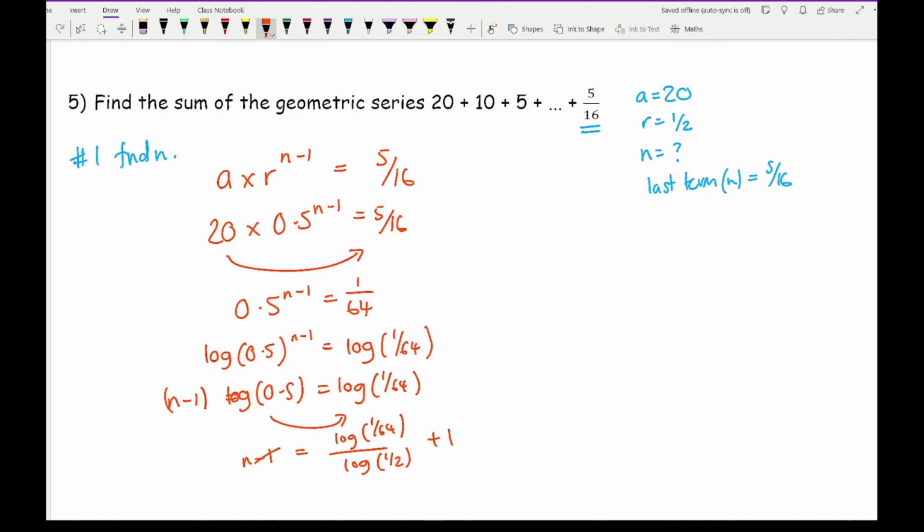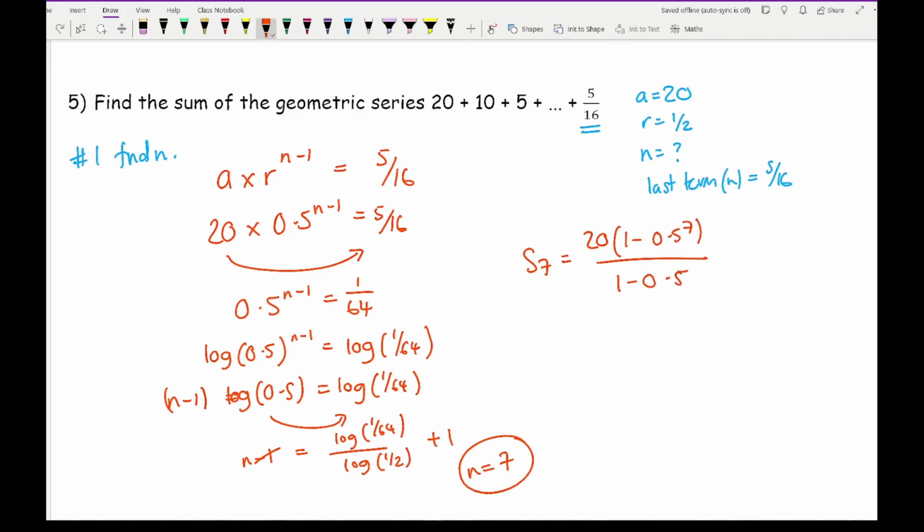So if I then type all of this into my calculator, I get an n value of 7. So then to work out the sum of S7, or the sum of 7 terms, I'm going to use a, which is 20, times 1 minus r, which is 0.5 to the power of 7, all over 1 minus 0.5.